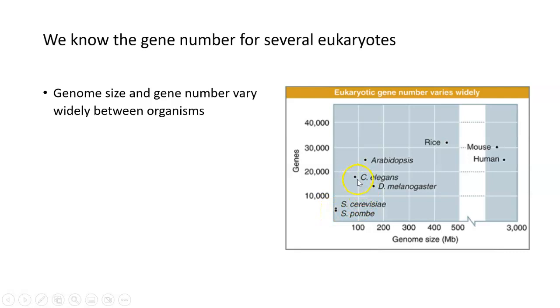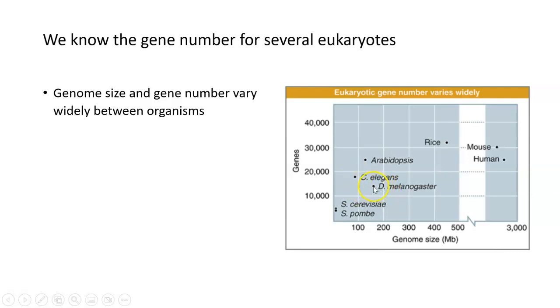If we increase in complexity and we look at C. elegans, which is a nematode worm, it has a larger genome in size and it also has more genes. But then what we notice is if we look at something like Drosophila melanogaster, which is fruit flies, definitely more complex than C. elegans, we see that they do have a larger size genome, right?